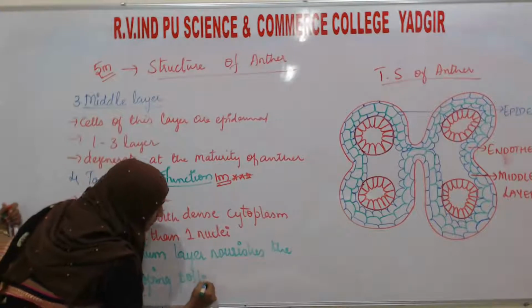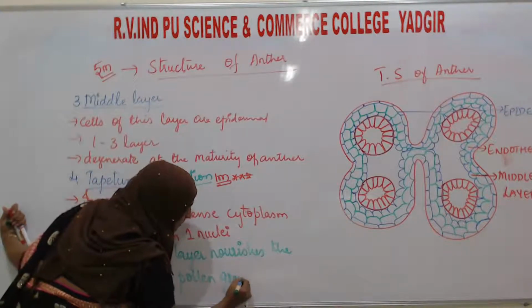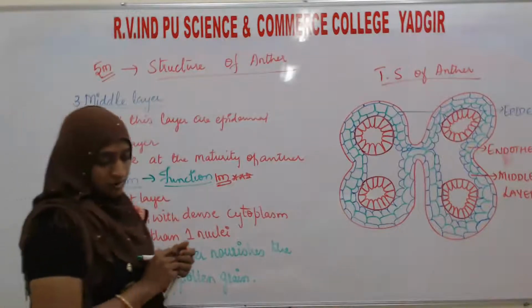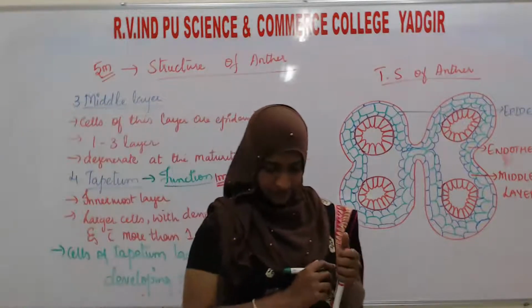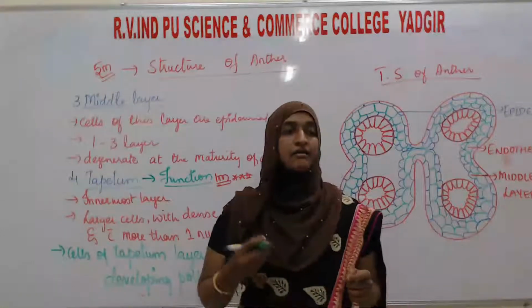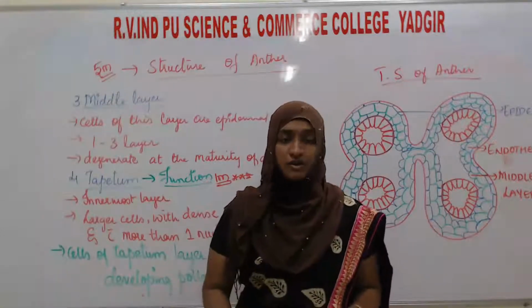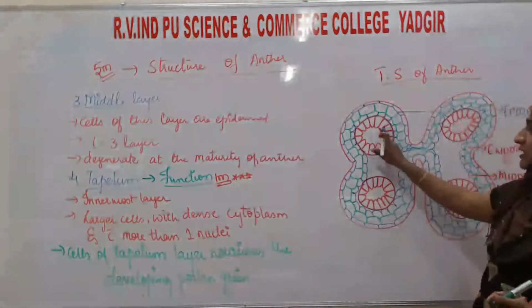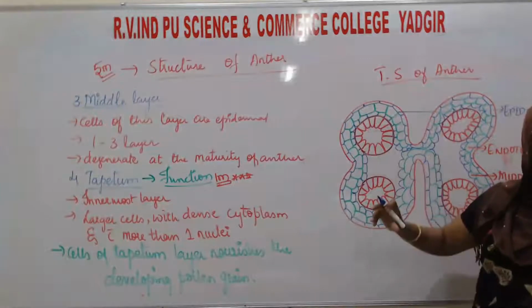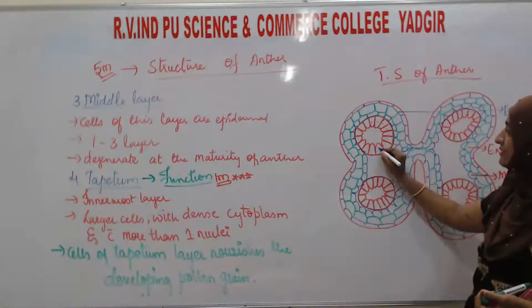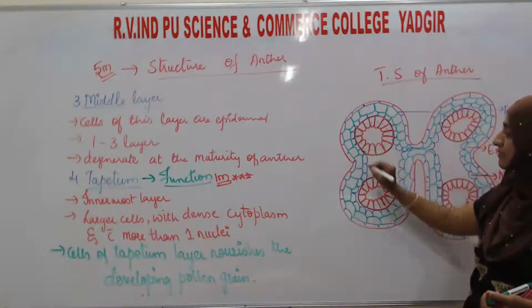This is the function of the tapetum layer. See here, the tapetum layer nourishes, meaning it provides nourishment and nutrients to the developing pollen grain. First of all, the cells are elongated, somewhat larger cells with more than one nucleus, and they have a dense cytoplasm.